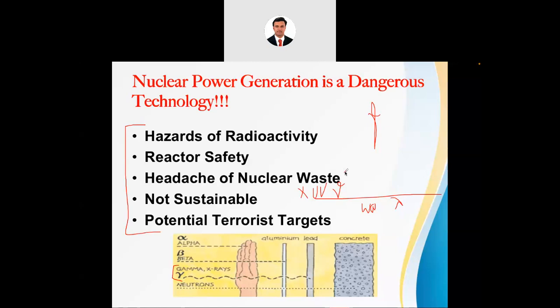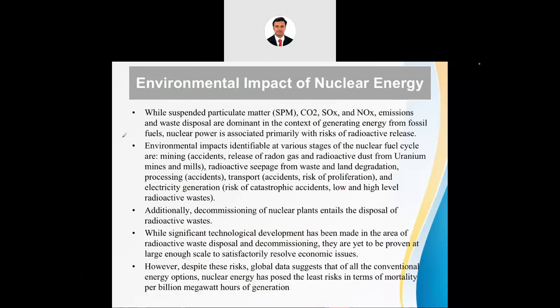So recycling and disposing of nuclear waste is the most important disadvantage of the nuclear power plant. It is also not sustainable or renewable, but a very small amount of fuel generates a very large amount of power. That's why it is very beneficial. Then potential terrorist targets. So these are some of the disadvantages of the nuclear power plant.